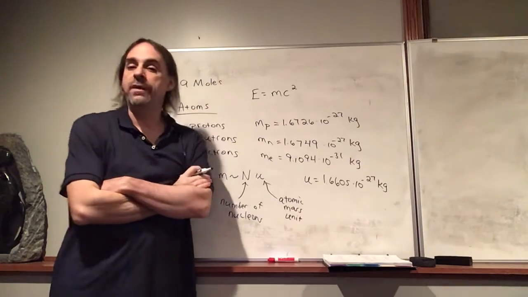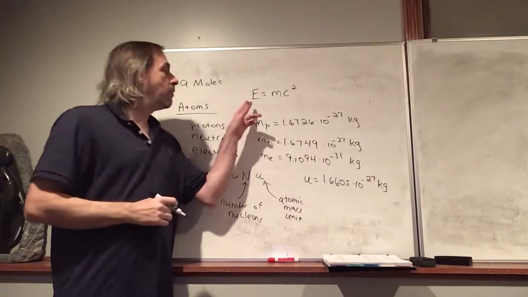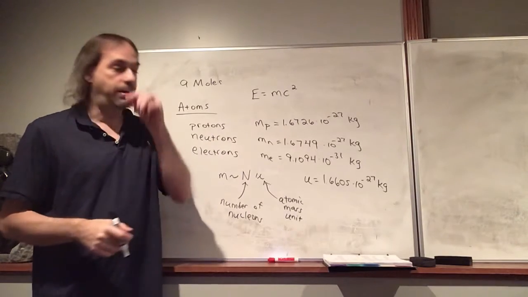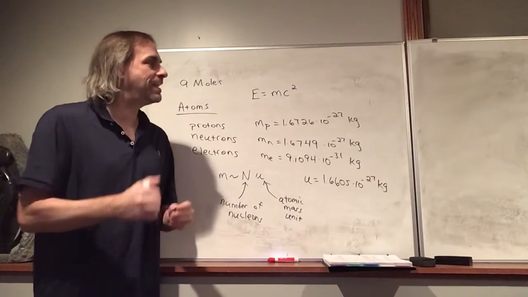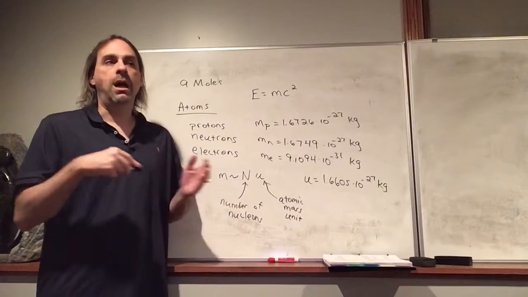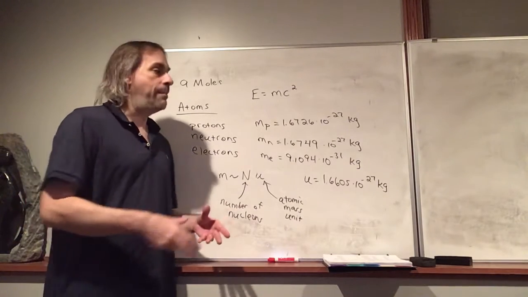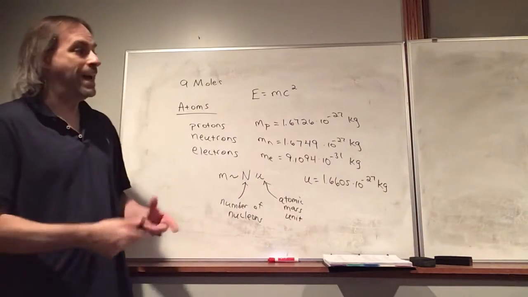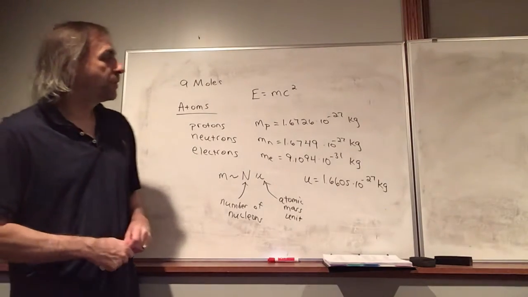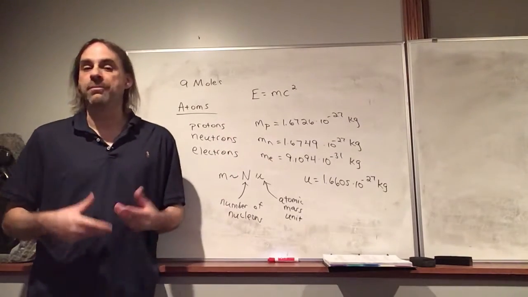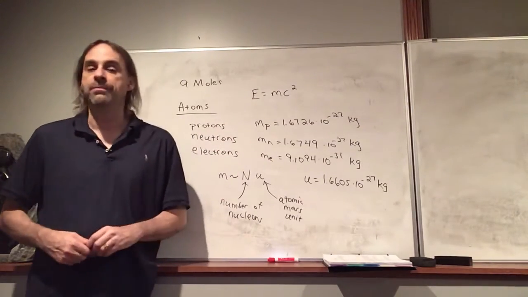This is Einstein's famous equation, where E is energy, m is mass, and c is the speed of light. This destroyed the idea that existed before Einstein, of conservation of matter, that mass is always conserved. Now we see that mass and energy can be interchanged. Mass is just a form of energy.